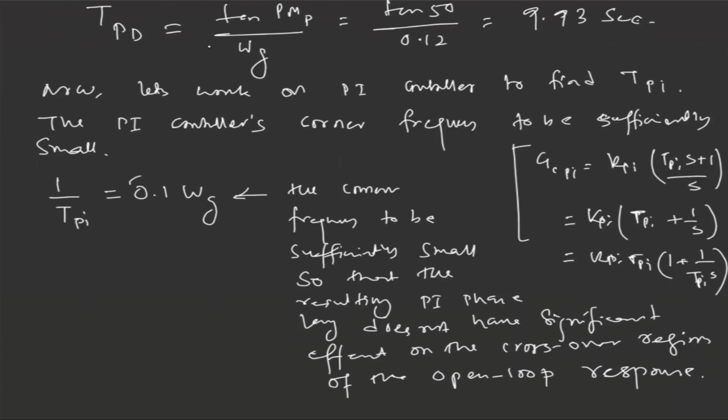So that's why we are choosing a very small value of the gain crossover frequency.